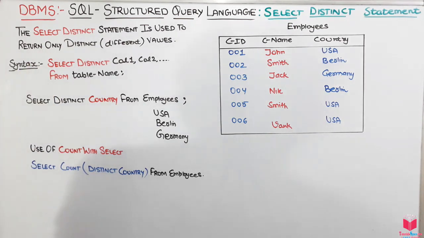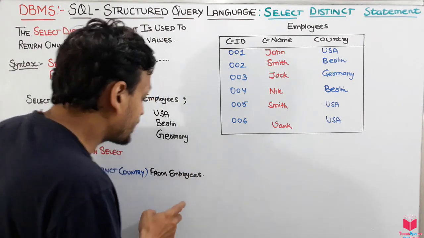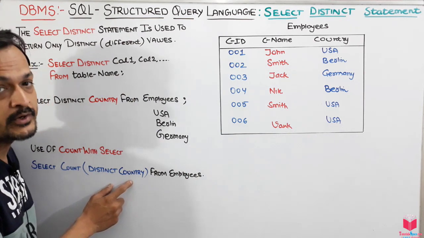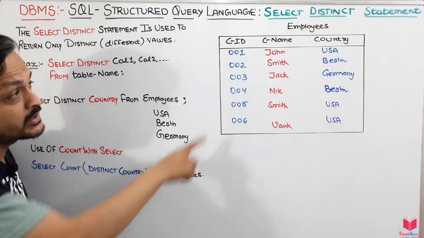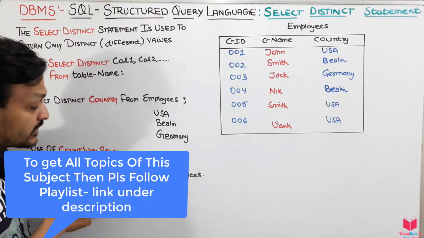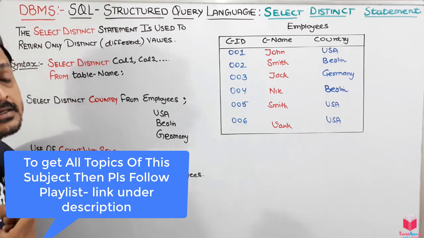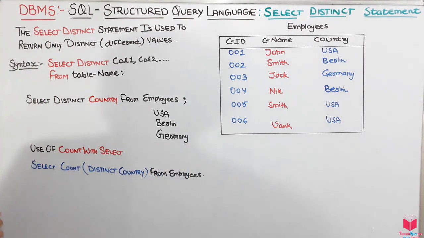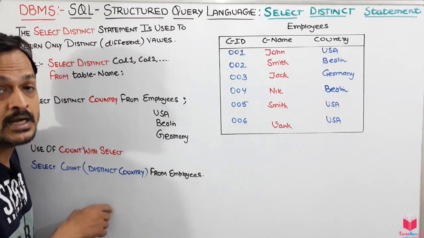What will this query do? It will go to the employees table, and after that it will select the distinct values from the country attribute, the distinct, different values, and then it will count how many different values there are.